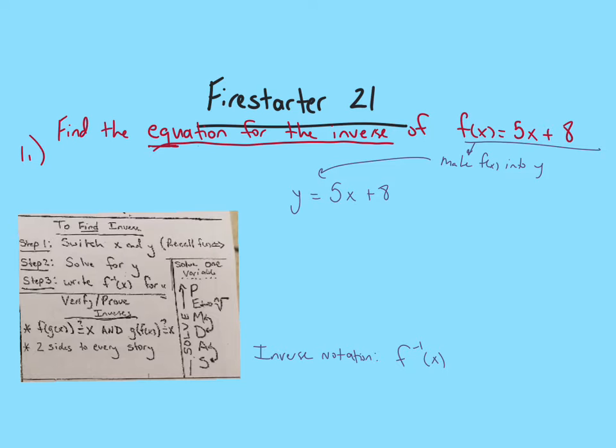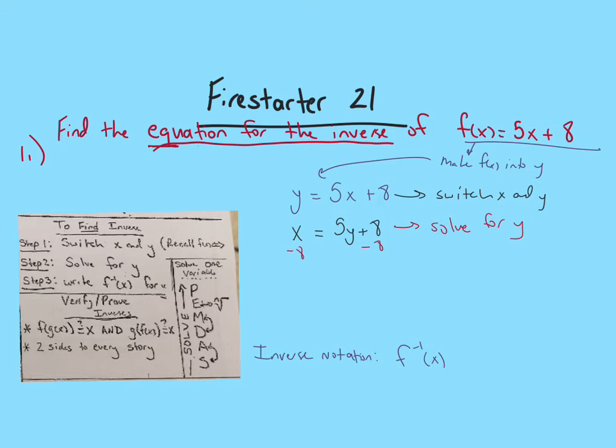Alright, now I'm going to switch x and y. So I'm going to say x equals 5y plus 8. I just switched x and y. Now I'm going to solve for y. So I want y by itself, so I'm going to minus 8 from both sides.